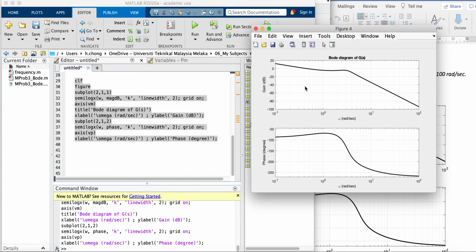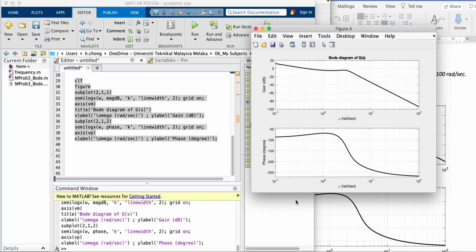We have 20 at the top, and here is negative 45. As we said, negative 45 to negative 270, but just the scale is different. In fact here the scale is negative 270 to negative 45.